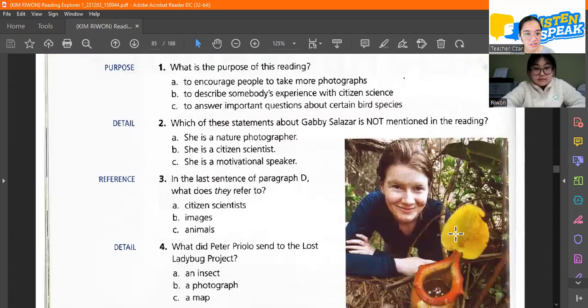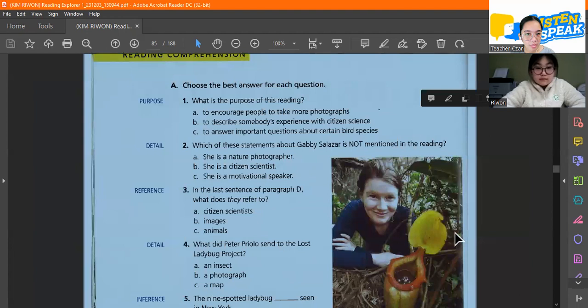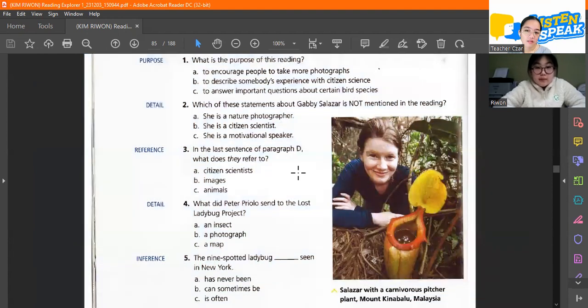Yeah. Now we will be moving on to the activity where we will have the reading comprehension. Okay, so let's start with the first question. What is the purpose of this reading? To describe somebody's experience with citizen science. Very good.